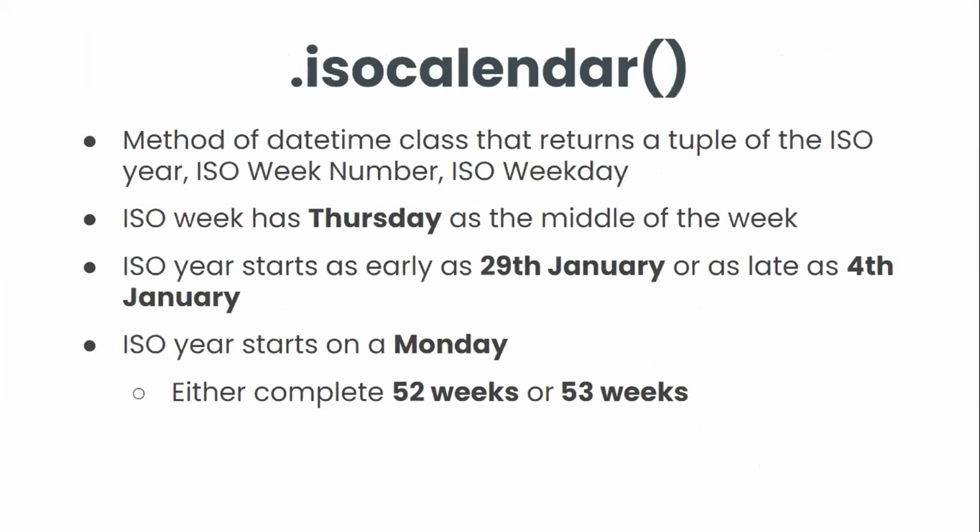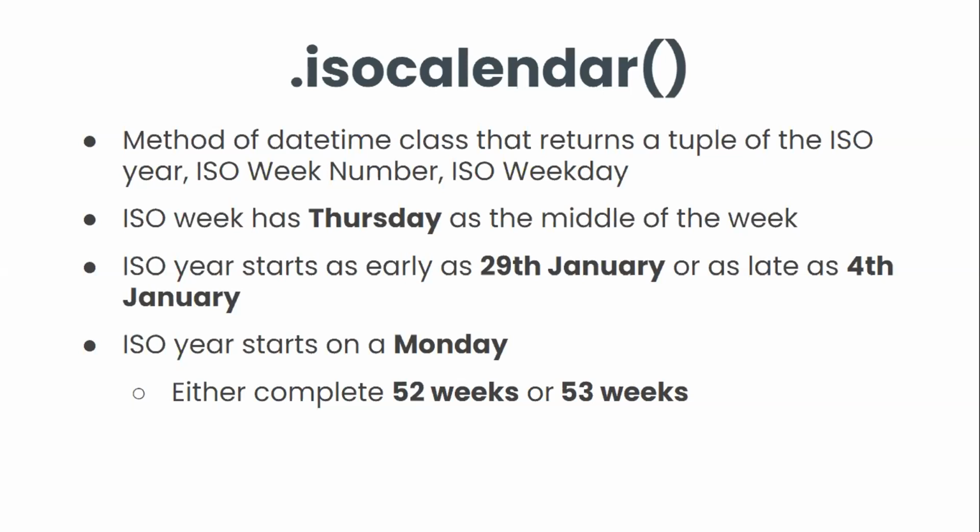Okay, so isocalendar is a method that is used on the datetime class. It returns a tuple of the ISO year, week number, and weekday. What this does is reformat your datetime information into the ISO style, which is a different calendar format.